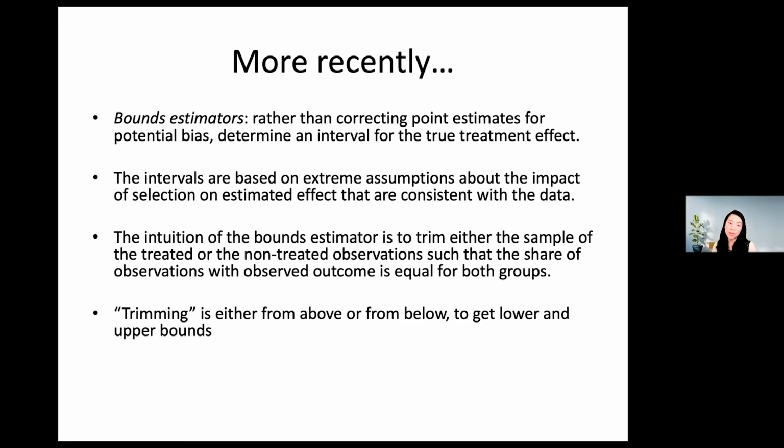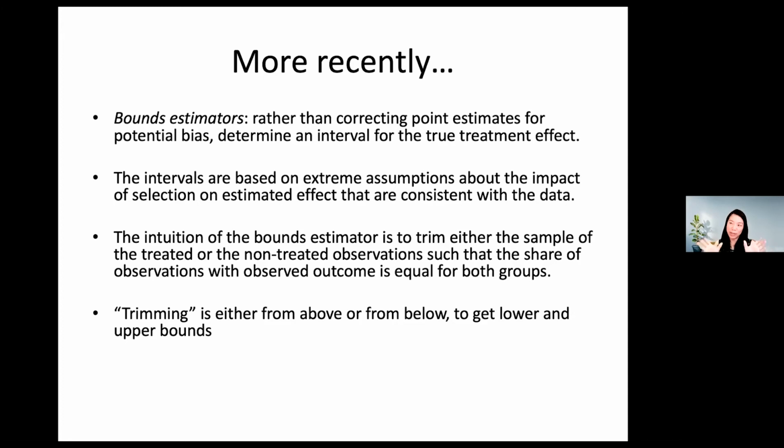The intuition behind the bounds estimator is basically to trim either the sample in the control group or treatment group, so that you manually make the two groups both have some attrition, right?